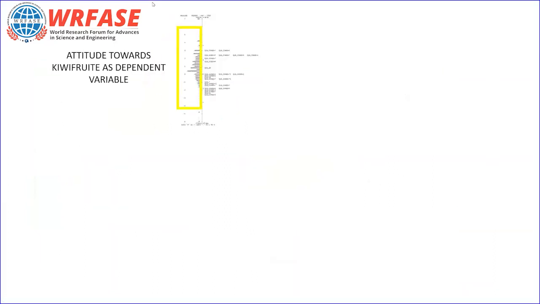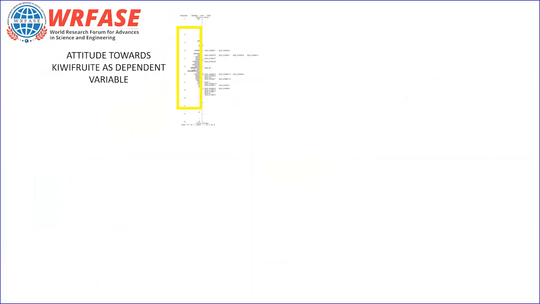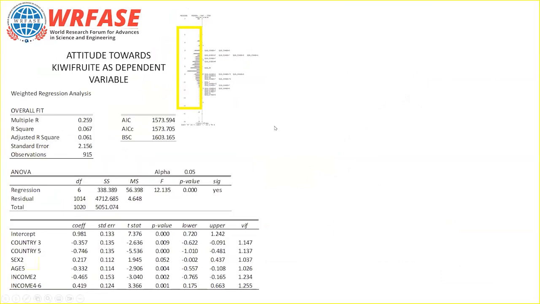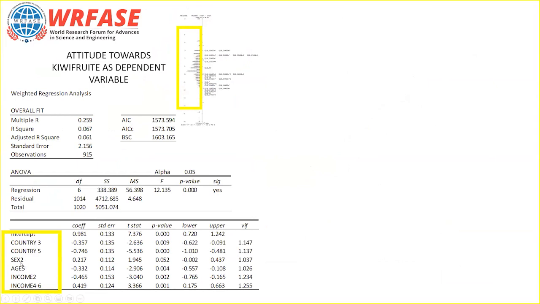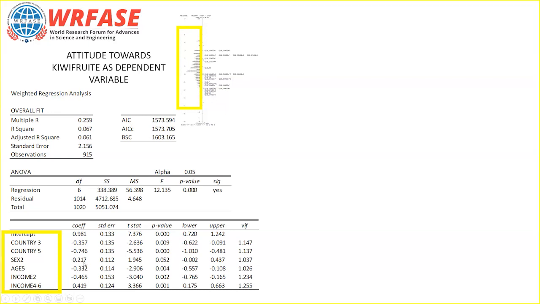Now, we take the attitude towards kiwi fruit measured by the model and use it as the dependent variable in a regression model, where we use independent variables like sex. For example, sex 2 are female, and this means they have a coefficient of 0.217.